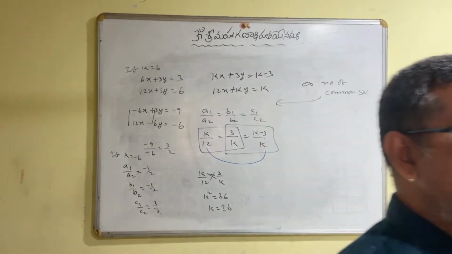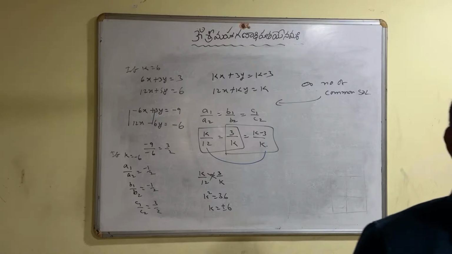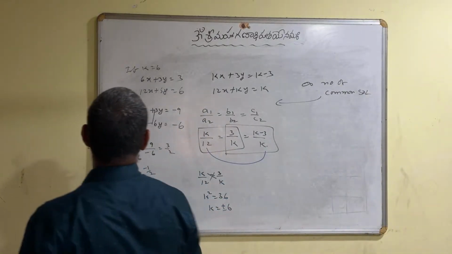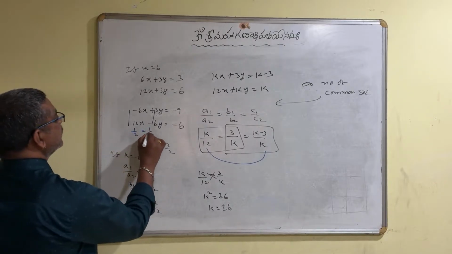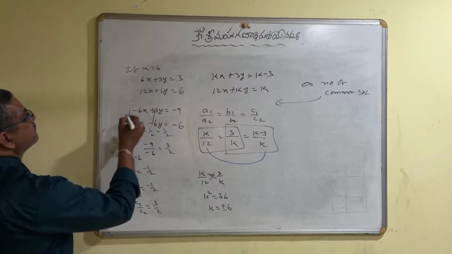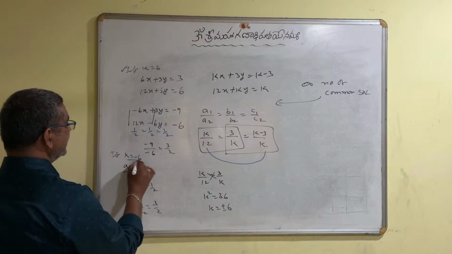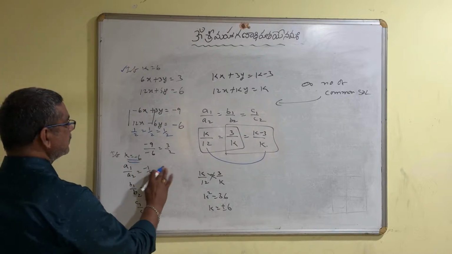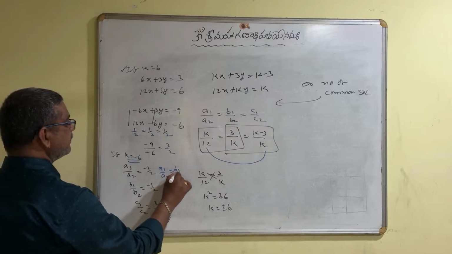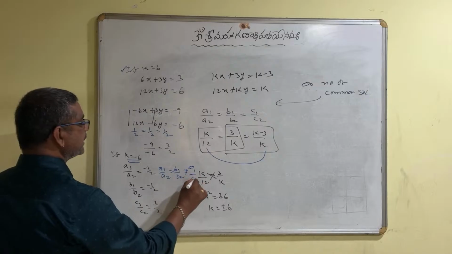If k is 6, a1 by a2 is equal to b1 by b2 is equal to c1 by c2, that is 1 by 2 is equal to 1 by 2 is equal to 1 by 2. If k is minus 6, a1 by a2 is equal to b1 by b2 not equal to c1 by c2.